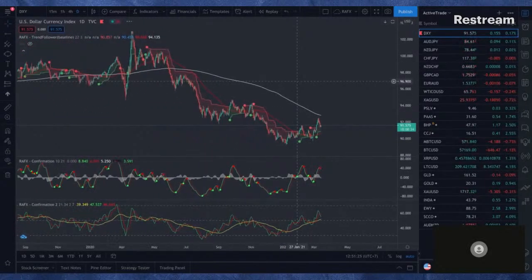So I think this would be a good reference for all of you that are trading the majors, wherein your first reference is the US dollar.